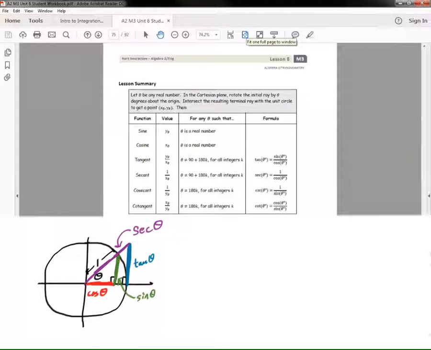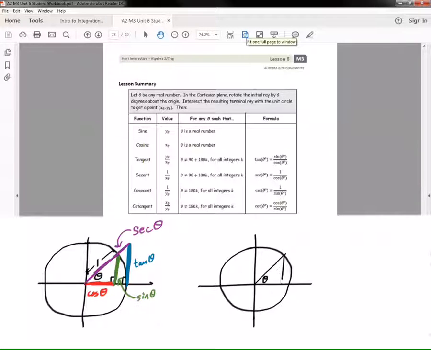Now the most confusing ones I think are cosecant and cotangent. So we're going to bust out another separate circle. Draw me another one. I'll draw a whole new circle right here so we have some more space. And try to draw the same angle. It doesn't have to be perfect. So this is theta, and we have a triangle right here.